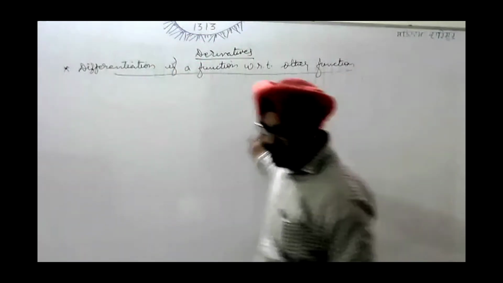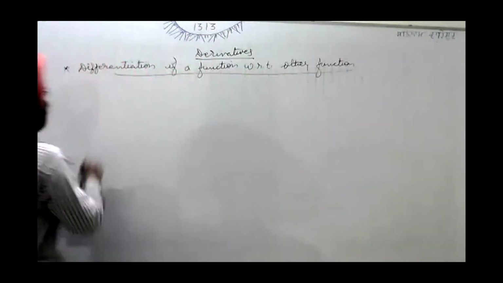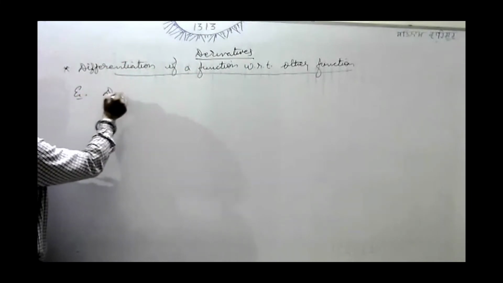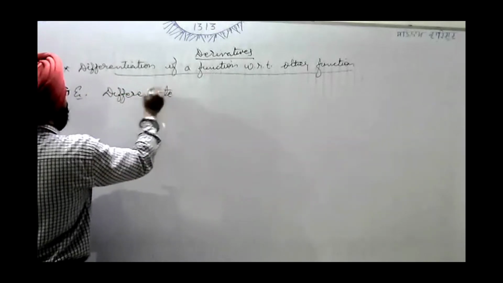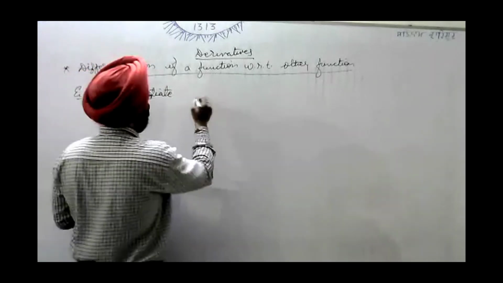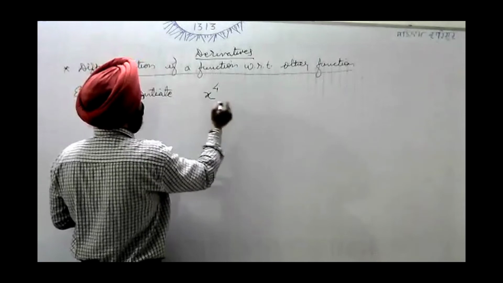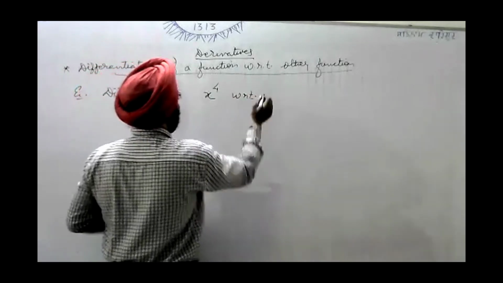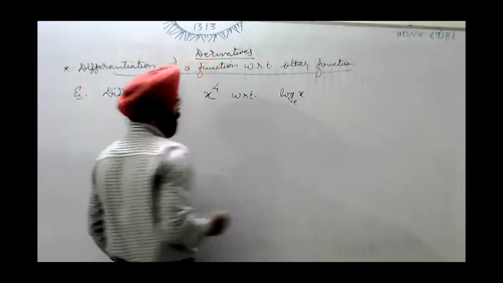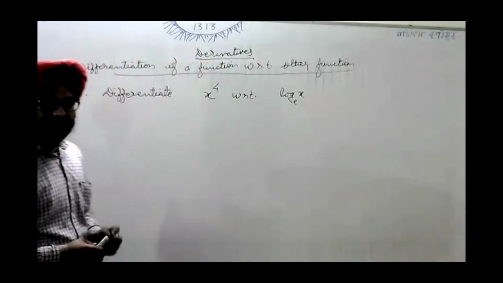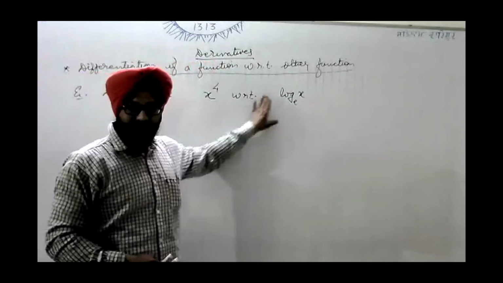Let's take one equation. You will get it. Differentiate x to the power 4 with respect to log x to base e. Now you see, like generally we say with respect to x.